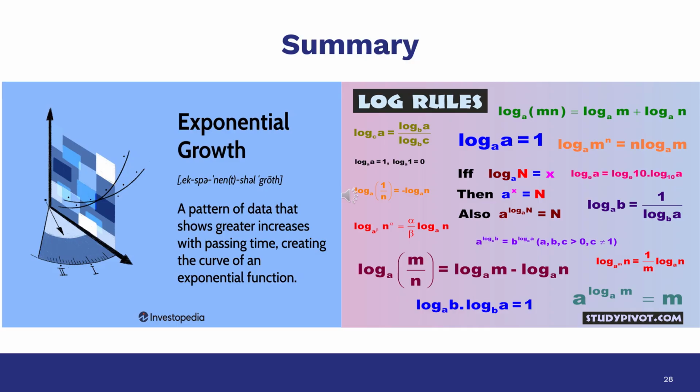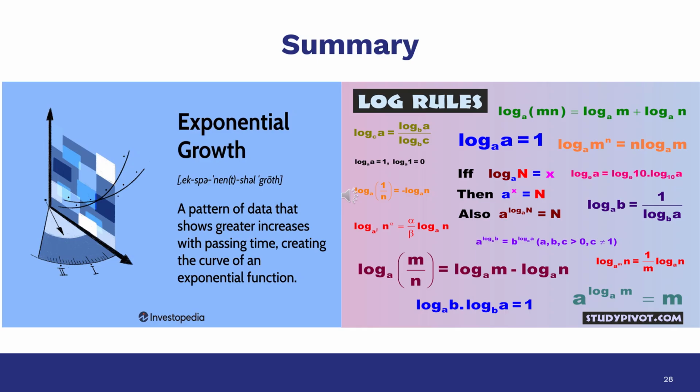In this presentation, we explored how exponential and logarithmic functions describe patterns of rapid change across mathematics and real life. We began by defining exponential growth and decay, comparing them to linear and power models, and applying them to examples such as compound interest.